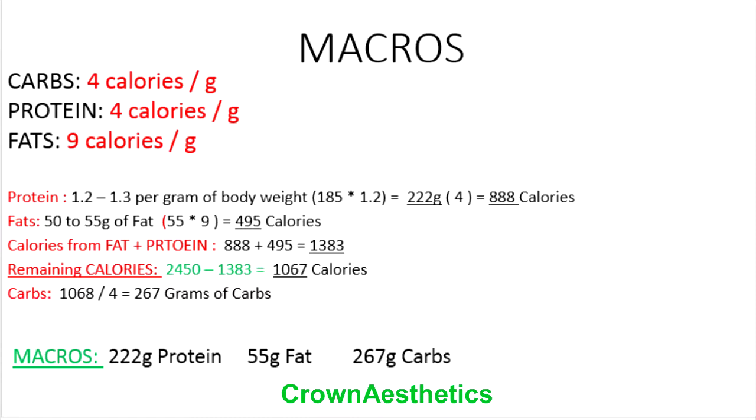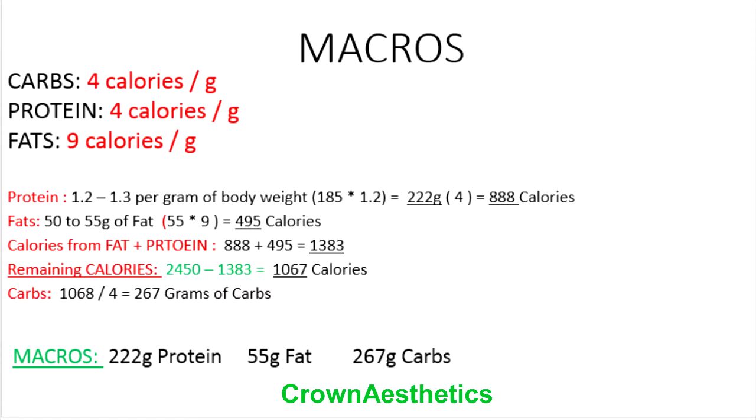Now, what you want to do is remember that calorie deficit number you put yourself in. You want to get that number and subtract the calories you just got from the protein and fat. And then once you subtract them, you get a number. So I got 1,067 calories left to eat.